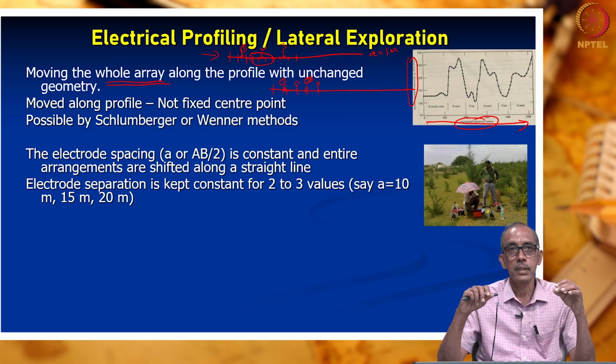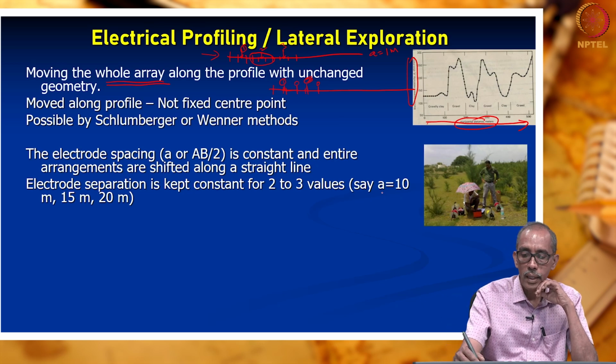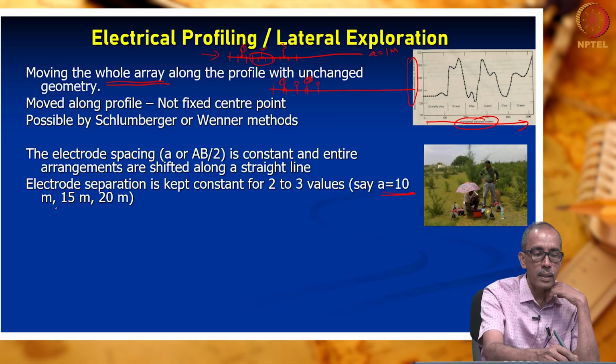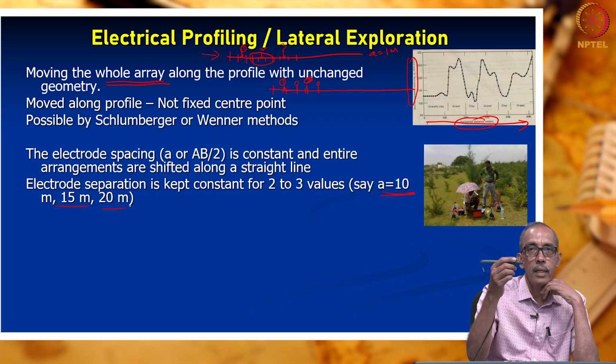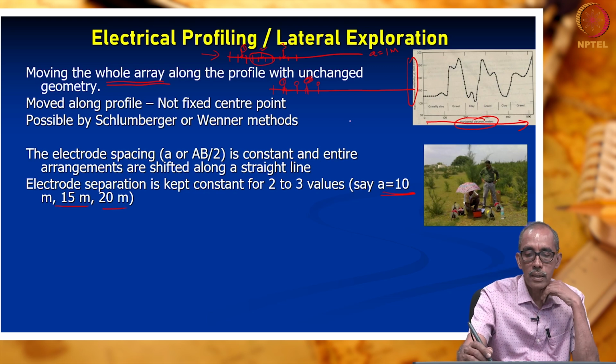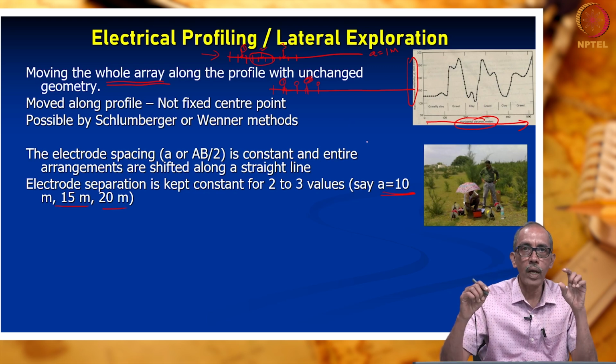In such a situation, we may need to do profiling for 2 or 3 distances, right. As you can see here, A can be 10, 15, 20. In the example we were discussing, we want to bury the pipe at 5 meters.